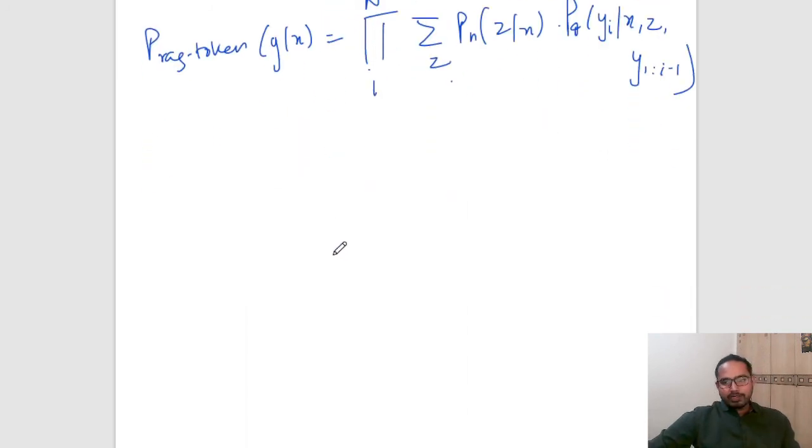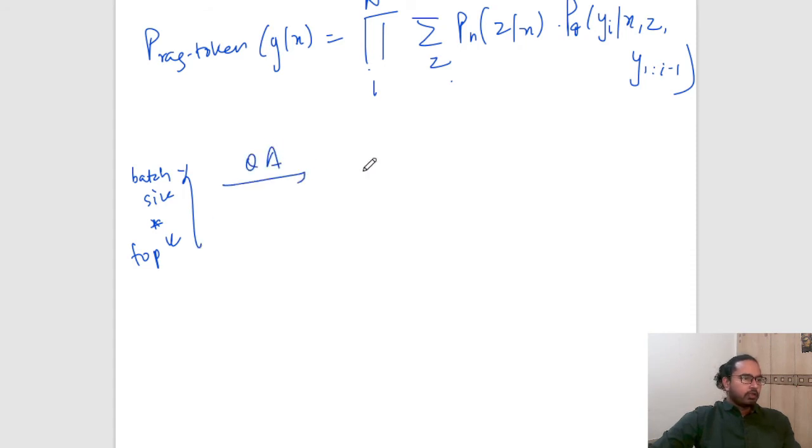So how do we calculate it in code? Continuing from the same place, we pass a tensor of size batch size times top k, which represents the top k retrieved documents for each question. We pass it through our QA model, which gives us the logits of shape batch size times top k, comma sequence length and vocab size.